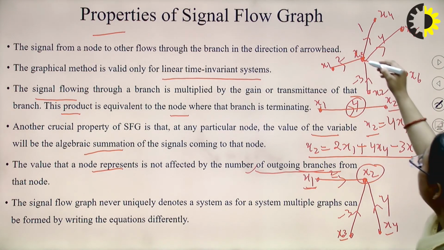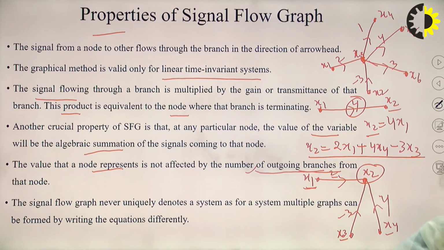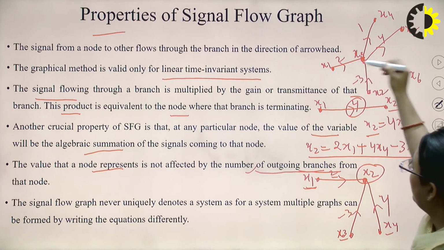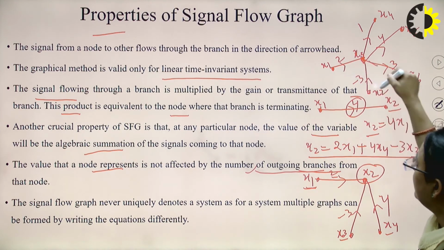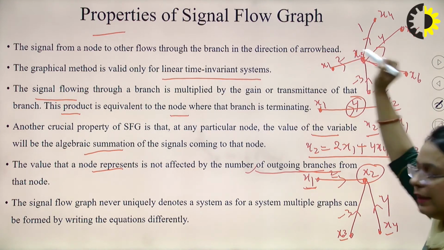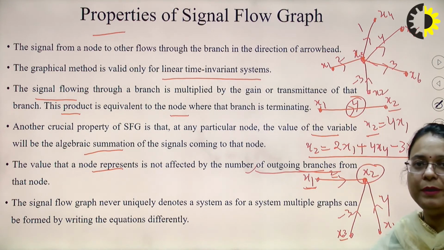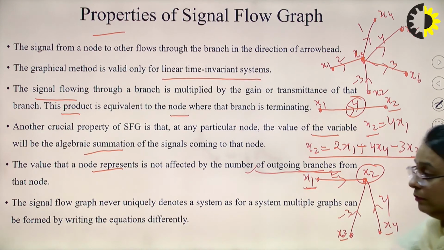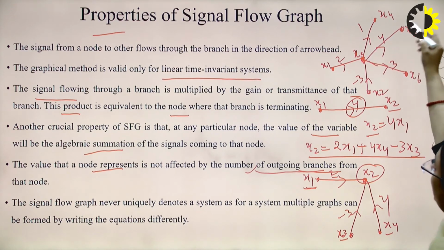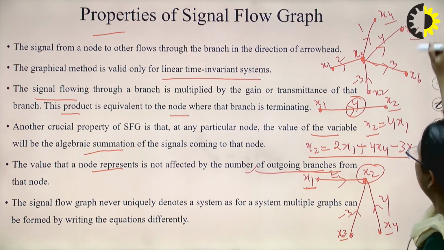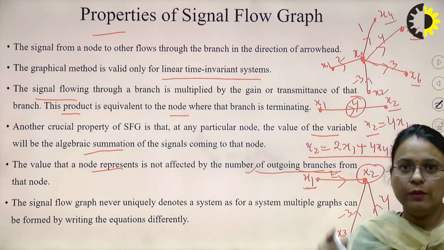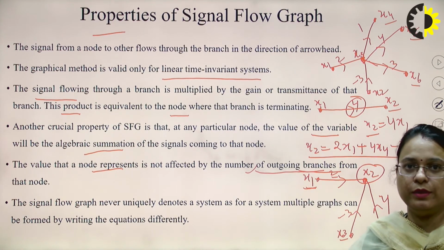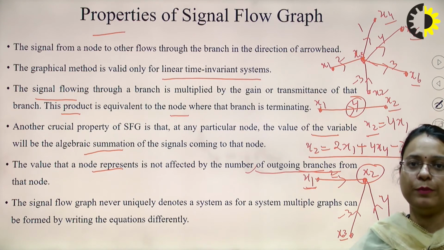So here x3 will be equal to 2 times x1 minus 3 times x2. It depends only upon the incoming branches. Its value depends upon the variables coming towards it. This x3 does not depend upon the variables x4, x5 and x6, while x4 is dependent upon x3, x5 is dependent upon x3, and x6 is also dependent upon x3.